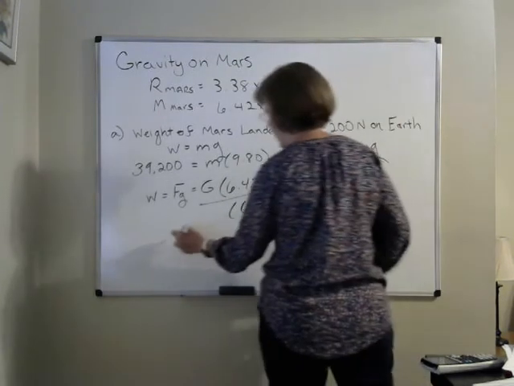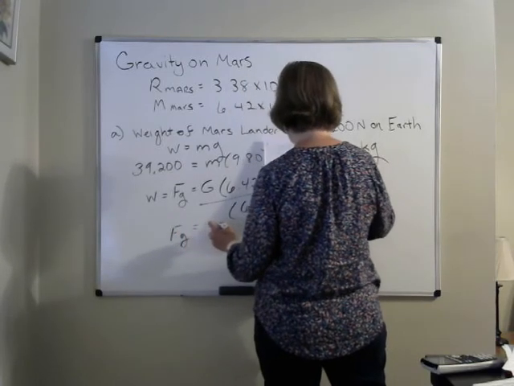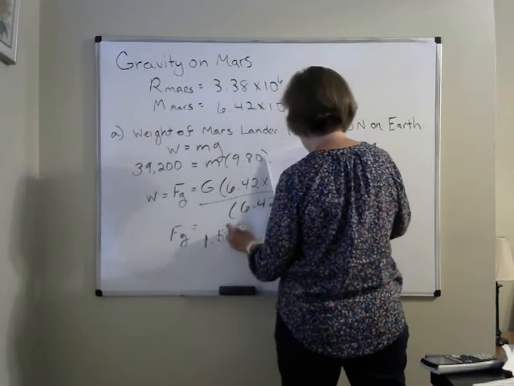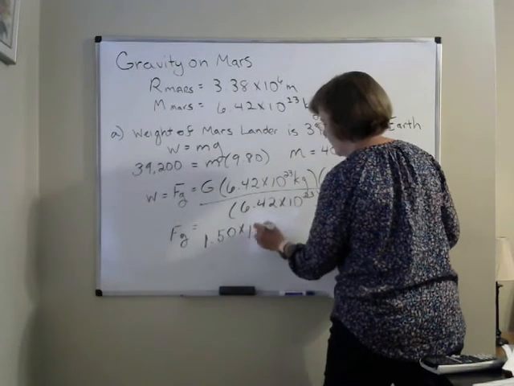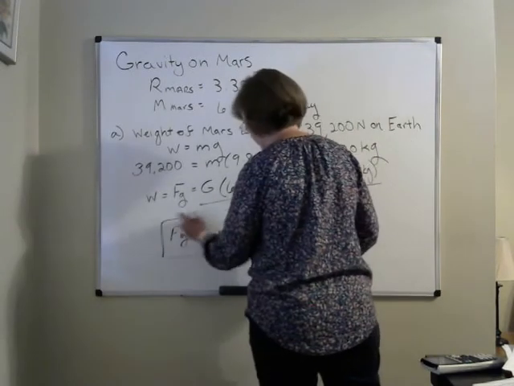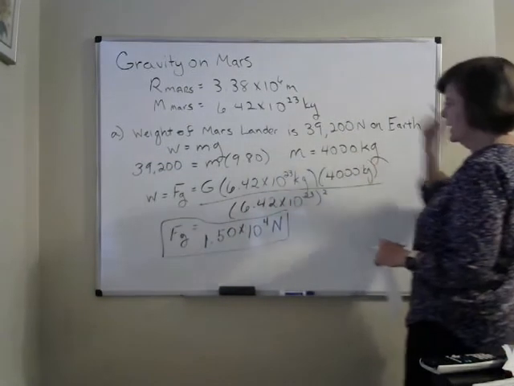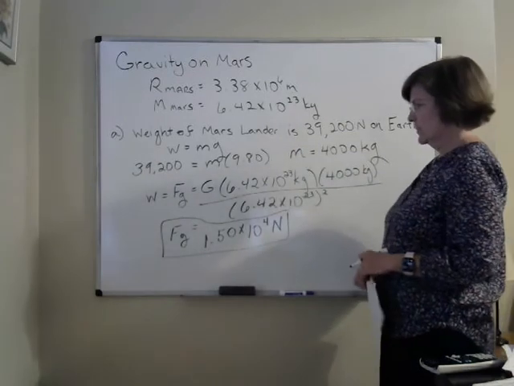We put that all in, and we find out that it weighs 1.50, we have 3 significant digits, times 10 to the 4th newtons. On Earth, it weighed about 3.9 times 10 to the 4th. It's a lot lighter on Mars.